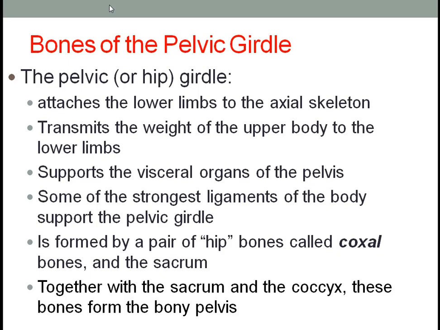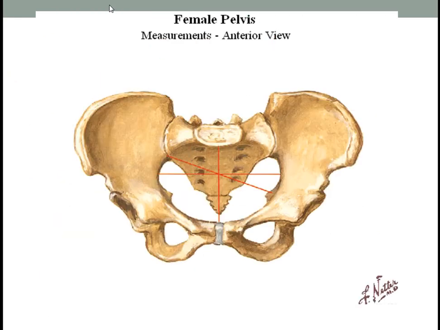It is formed by a pair of hip bones called the coxal bones, and the sacrum. Together with the sacrum and the coccyx, these bones form the bony pelvis. As we see in this diagram, it is showing a female pelvis.